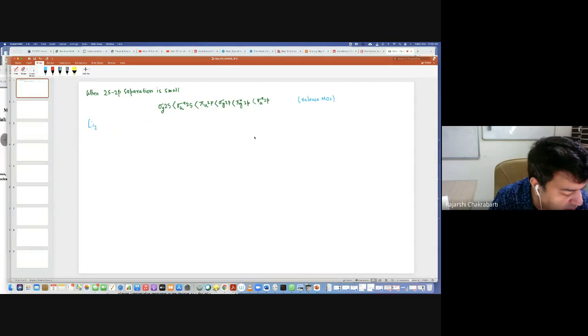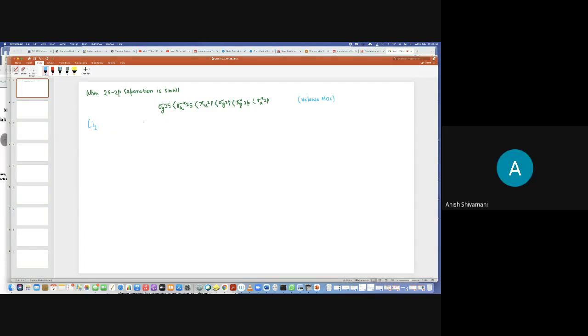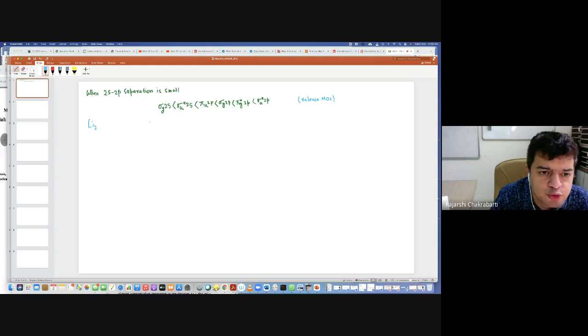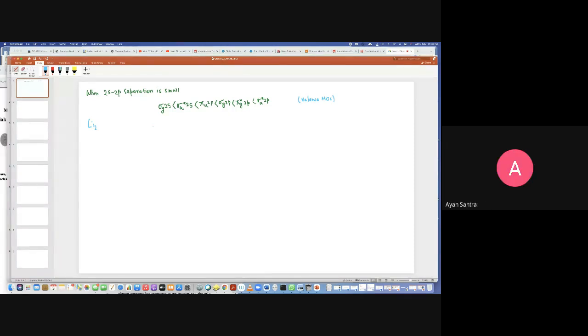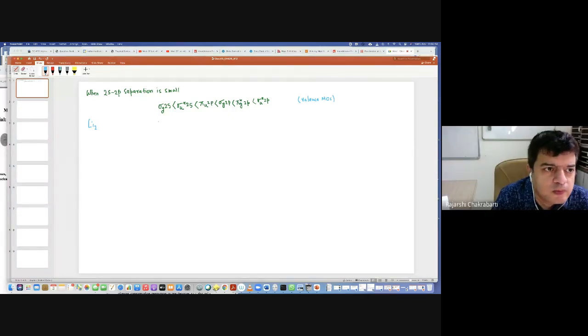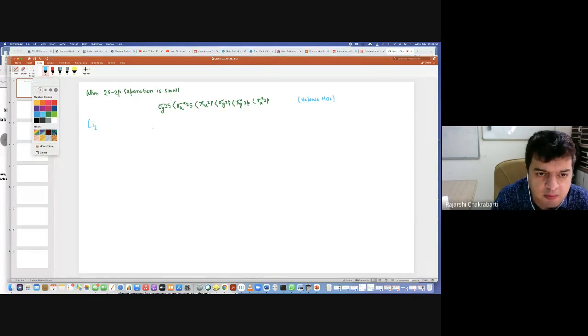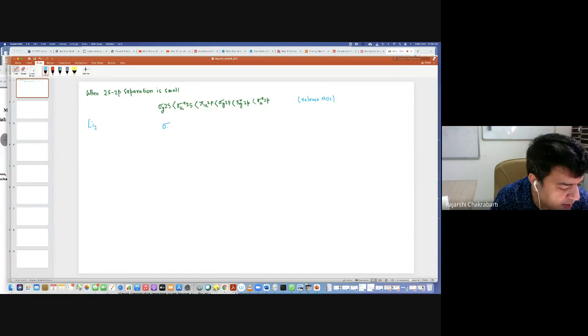So how many electrons are there in lithium? Three plus three, but valence electrons, two. So I can write it like this: sigma g 2s squared. This is the configuration.